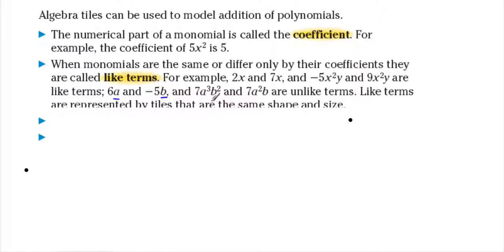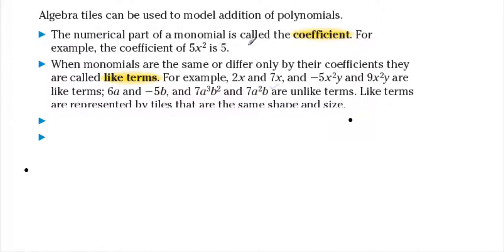In the same manner, even though 7a cubed b squared and 7a squared b have a and b as variables, their exponents are not the same. This has 3, this has 2, and look at b. b has 2, and this one has only 1. So these are not like terms, they are called unlike terms.